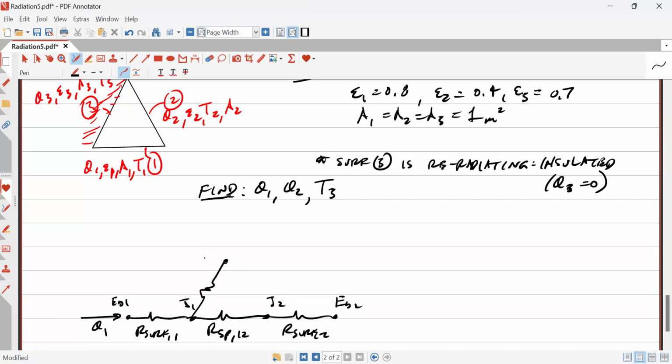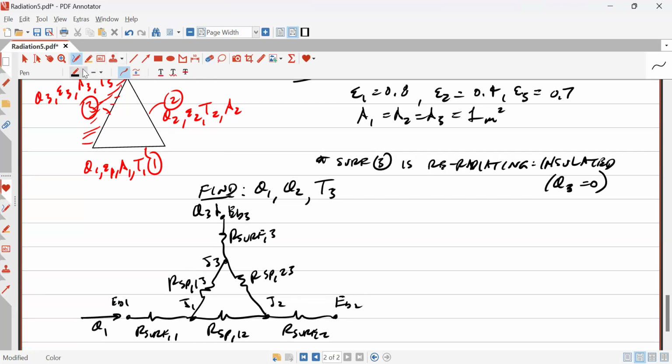We also have surface 3, we have a J3 with a spatial resistance 1, 3. And we have a spatial resistance 2, 3. And then there's an EB3 with a Q3. And this is going to be our surface 3. Okay.